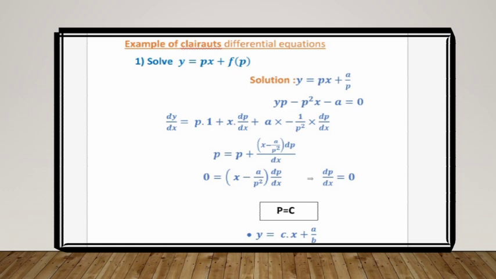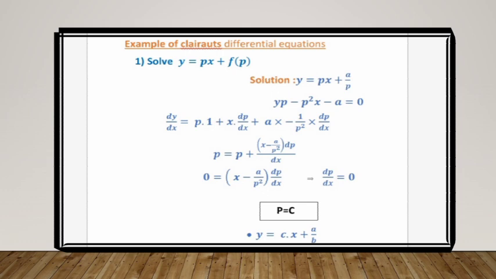Now let us differentiate the equation with respect to x. Then we can see that, differentiating this equation, what do we get here? dy by dx equal to p into 1 plus x into dp by dx plus a into minus 1 by p square into dp by dx.